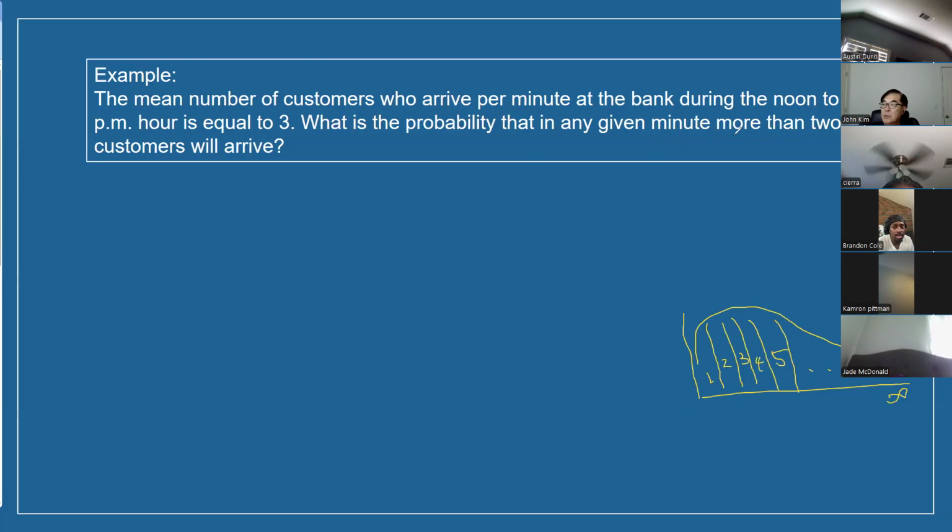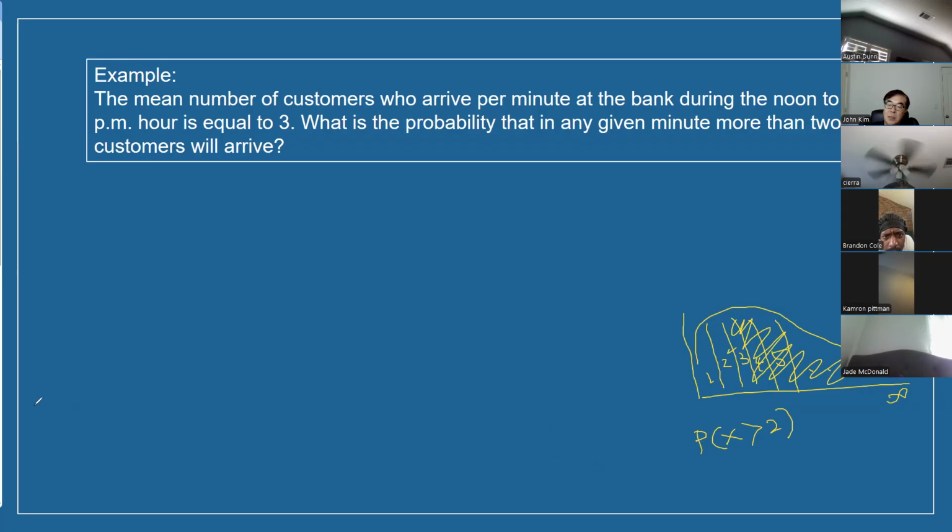So more than 2, probability x more than 2 without equal sign. So 2 is not included, from 3 to infinite.